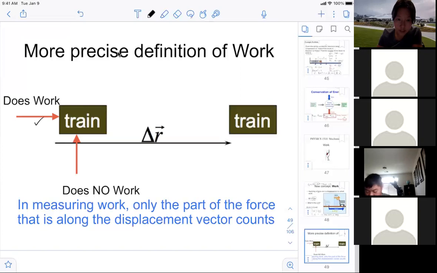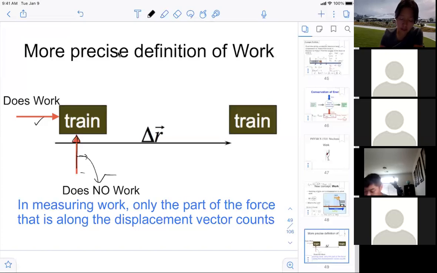The normal force is perpendicularly upward, and there is no displacement in the normal force direction. The displacement is perpendicular to this force. So this one does not do any work. There's no work. So it seems like to improve our definition, we need to account for only the part of the force that is along the displacement vector, right?